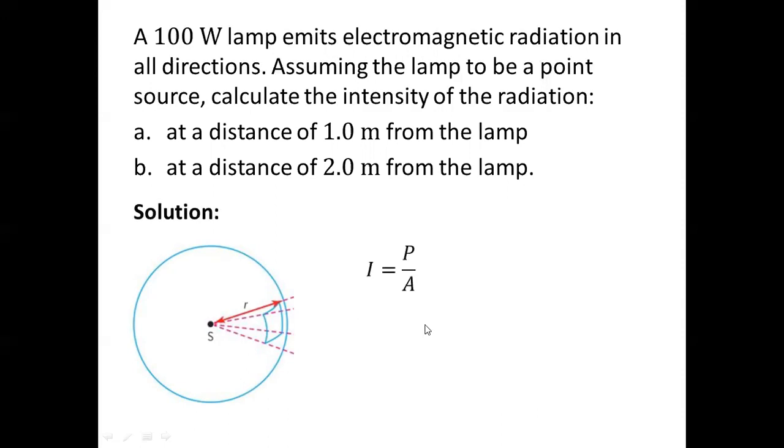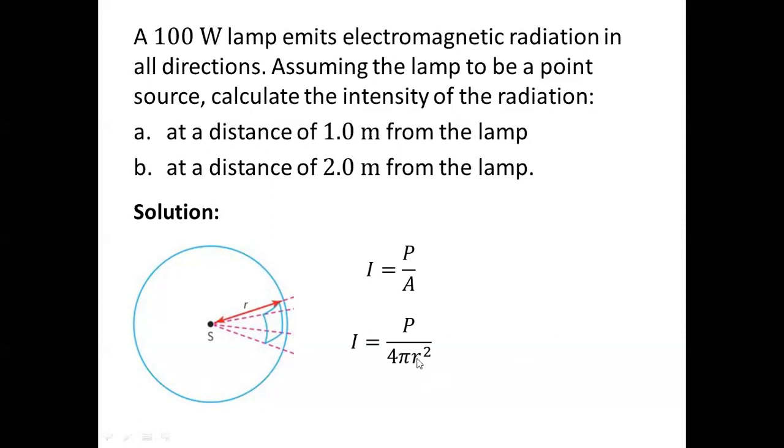So if we look at this formula, this area cannot be a simple area or a piece of area like this. This area should be the whole area surrounding the point source, which is equivalent to the surface area of a sphere.